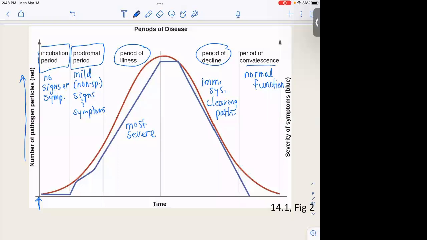COVID, at least in the early forms, was contagious in the incubation period. Some infections, especially diarrheal disease, are still contagious during convalescence. The patient can still be shedding in the diarrhea.